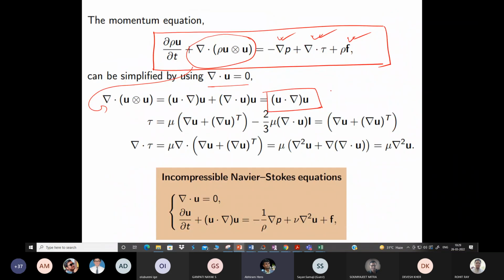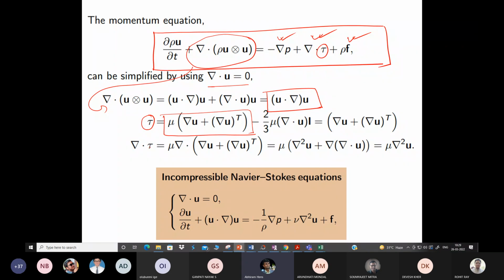So this is the part, and this tau, which denotes the viscous force in general, can be expressed in this form: mu into (del u plus del u transpose) minus 2/3 of mu into (del dot u) into the identity matrix. This is our mathematical model for the viscous force. If you would like to know its origin, you need to go back to your fluid mechanics or transport phenomena book, where you can get the details of how this tau comes about.